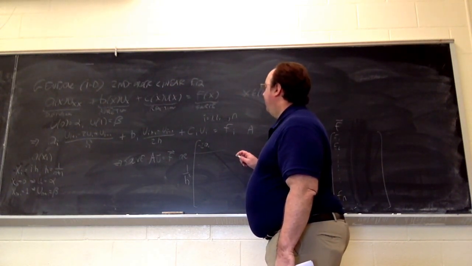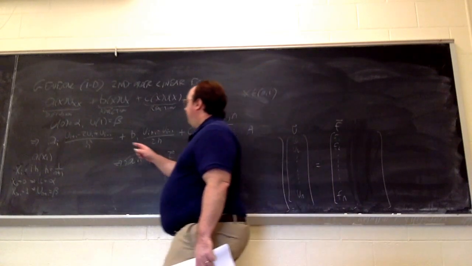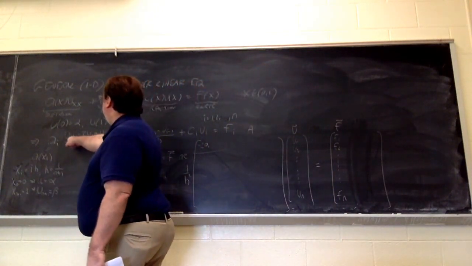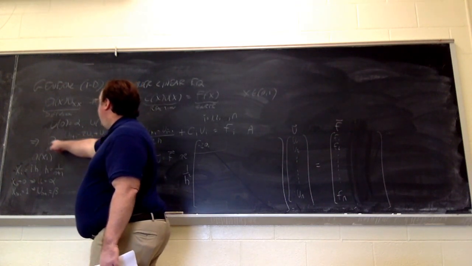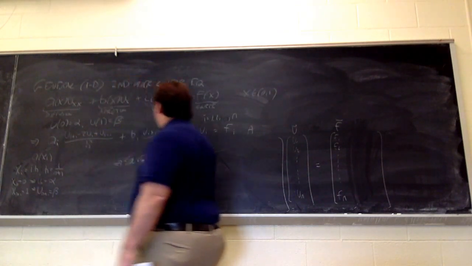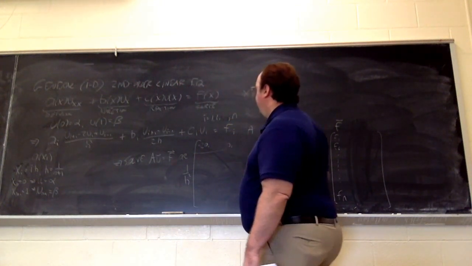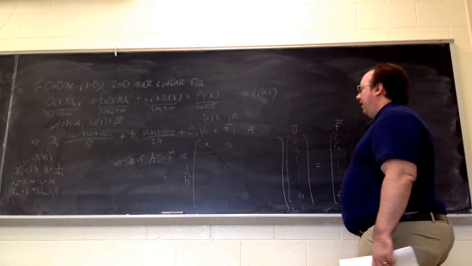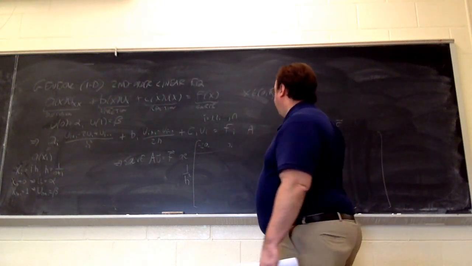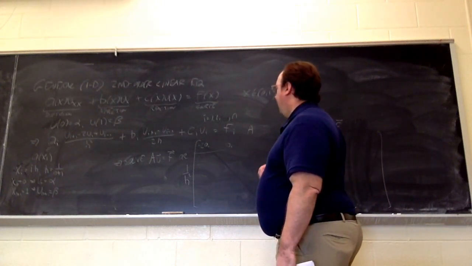And then on the superdiagonal, corresponding to ui plus 1, I'm going to have a1 for i equals 1. And then no other contribution to the first row.